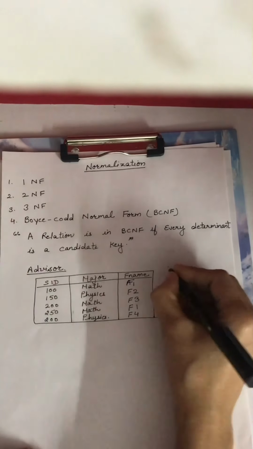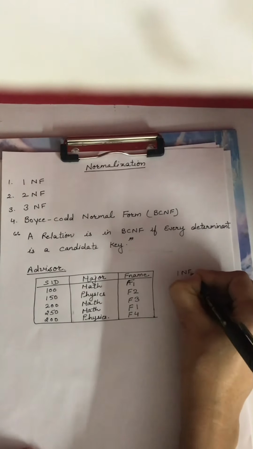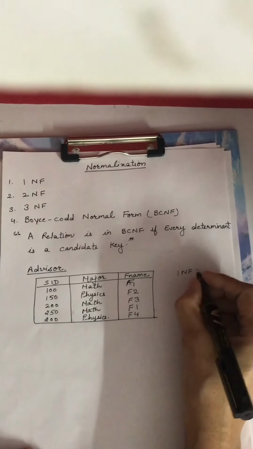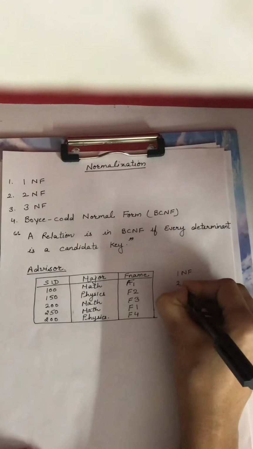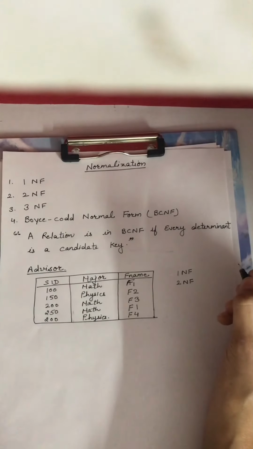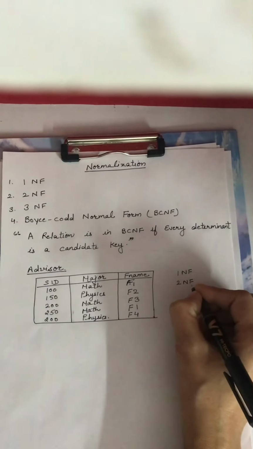Now this relation by definition is in 1NF. It is in 1NF and it is also in 2NF. What is the definition of 2NF? There is no partial dependency.